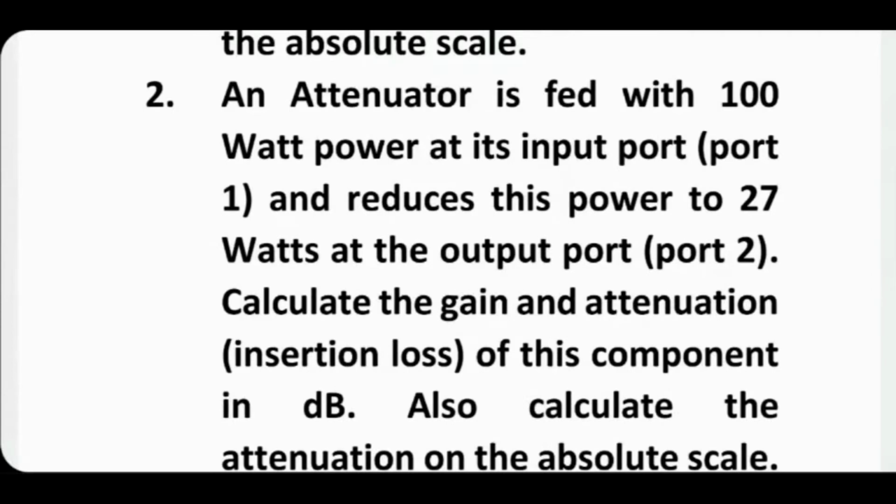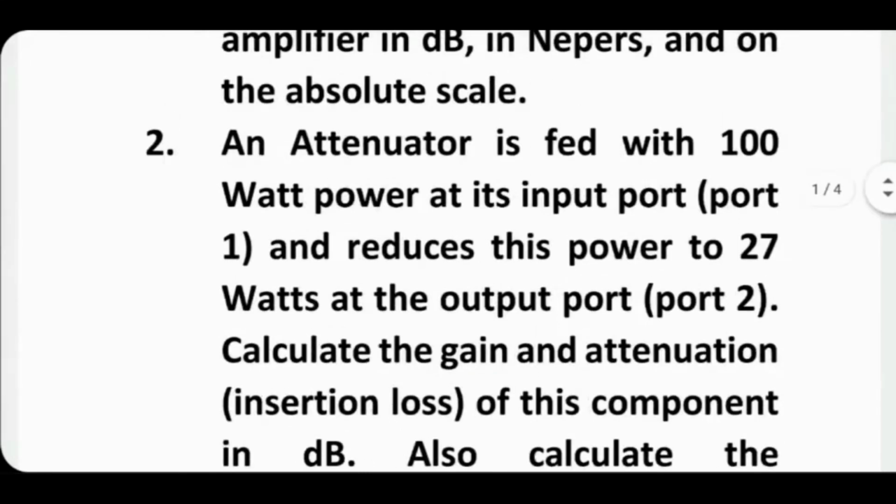Obviously, gain has to be less than 1. Gain has to be 27 divided by 100 on the absolute scale, which is 0.27. Attenuation on the absolute scale is 100 divided by 27, input upon output.